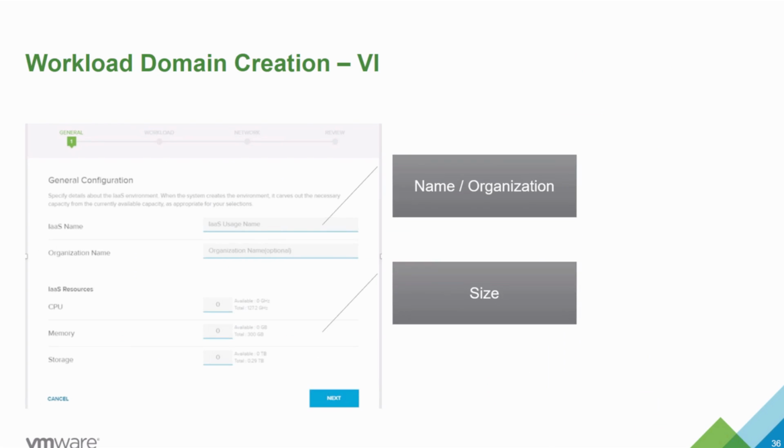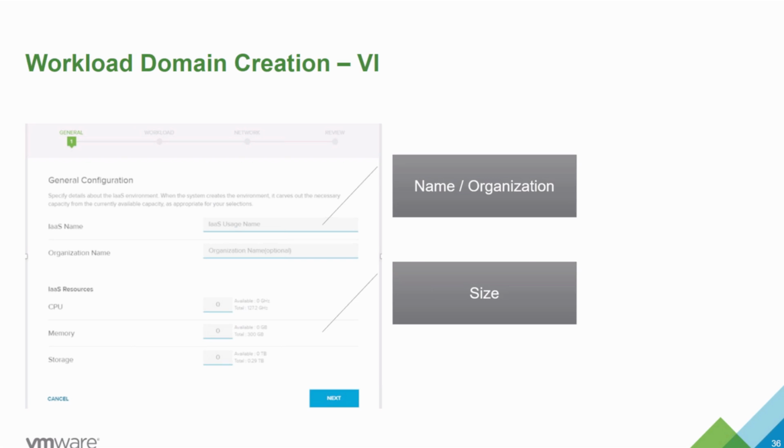So as you create that workload domain, very simple stuff that we're going to ask. And this is an example of the virtual infrastructure workload domain. What is the usage name? So this could be development. This could be SAP workload domain. It could be whatever. And your organization name, if you really want to put one in there. Choose the amount of resources that you want to reserve. So you're just sizing it based on CPU, memory, and storage.